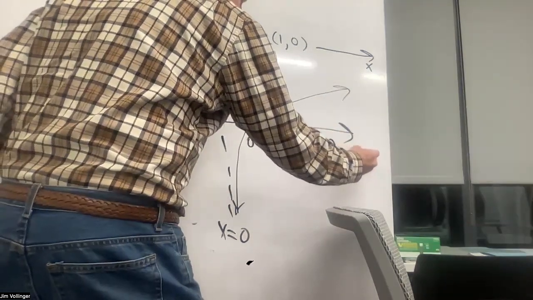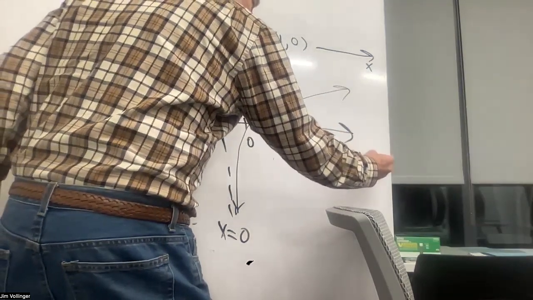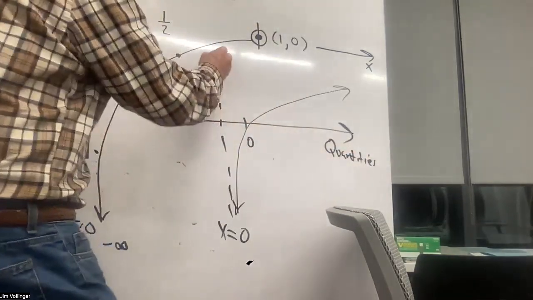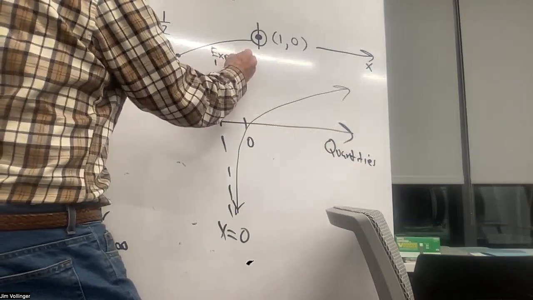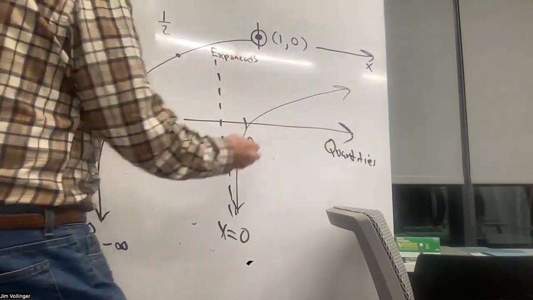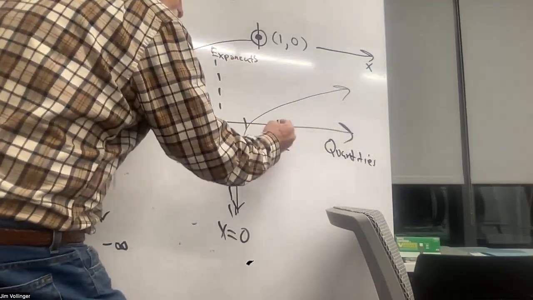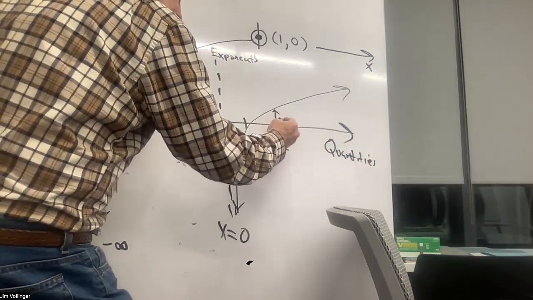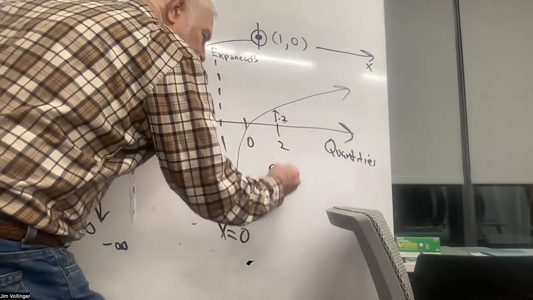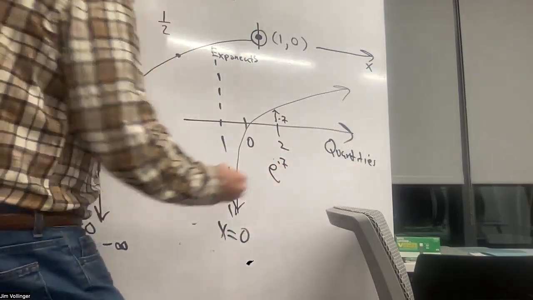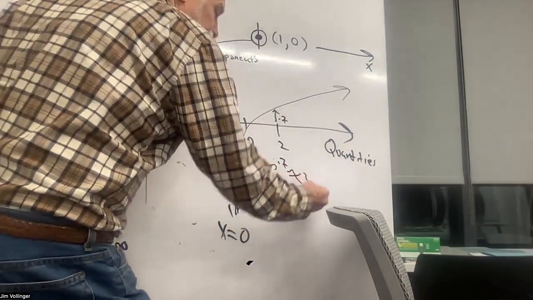Quantities produced from what? Exponents. And what does a 2 get me? A 2 gets me a height of 0.7. And what is 0.7? It's the exponent I put on top of e to approximate the number 2.